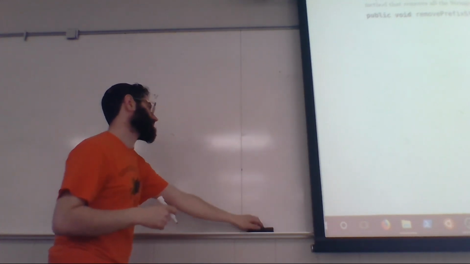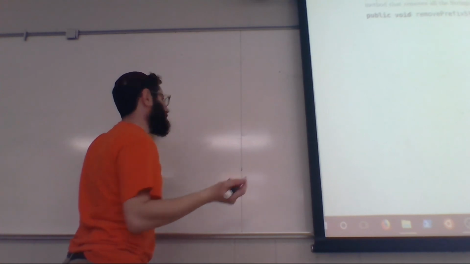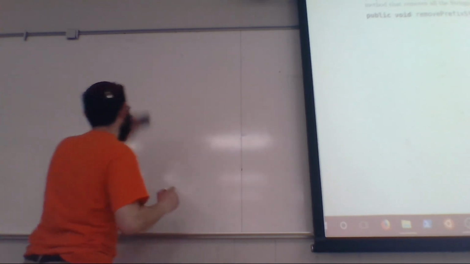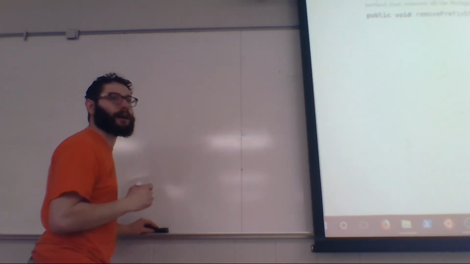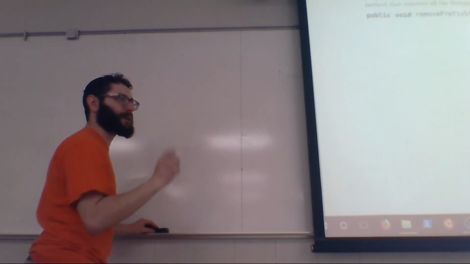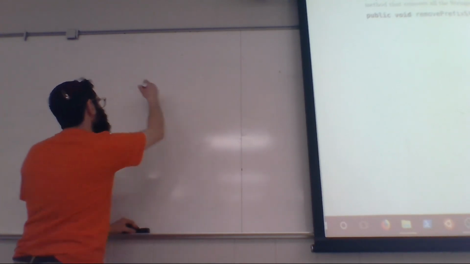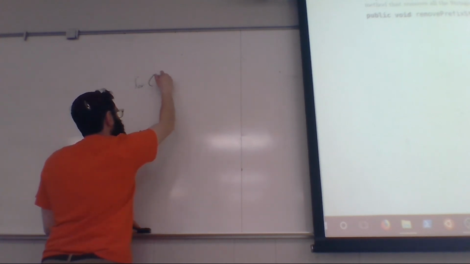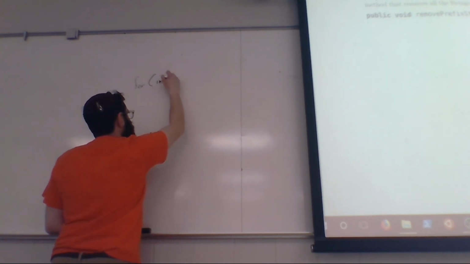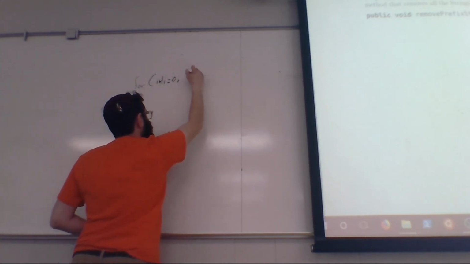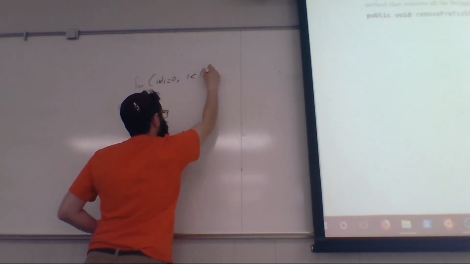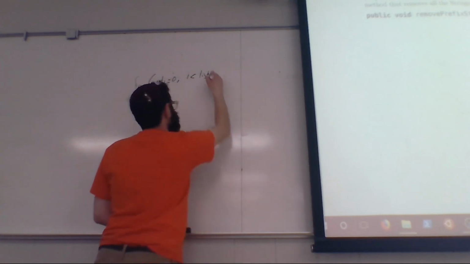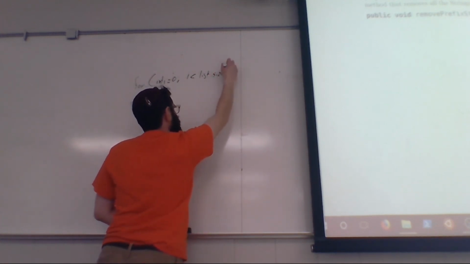Let's burn that bridge when we get to it. So first, let's go through each of the words and figure out, does it begin with the prefix. So for int I is equal to 0, I is less than list, is it list? Yeah, list.size, I wasn't sure if it was words.